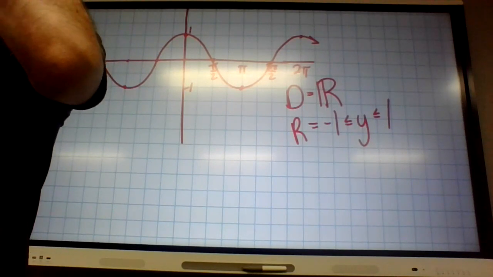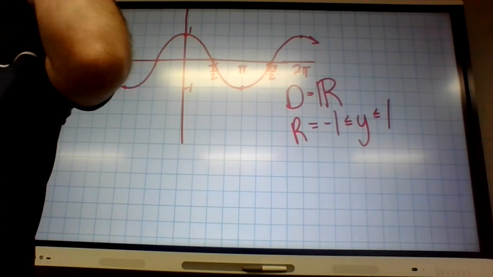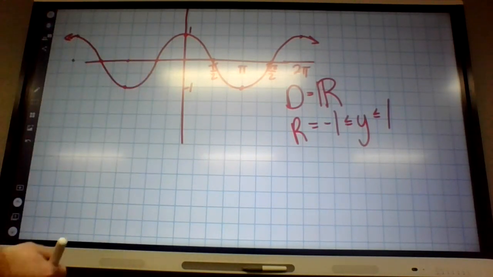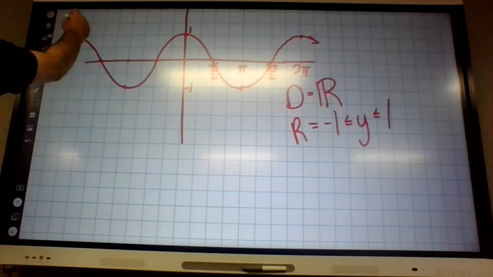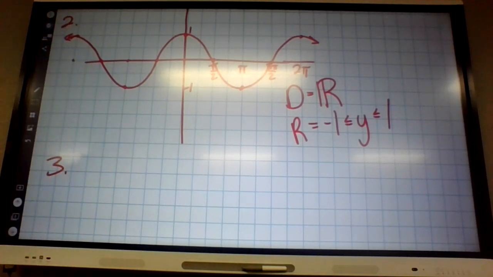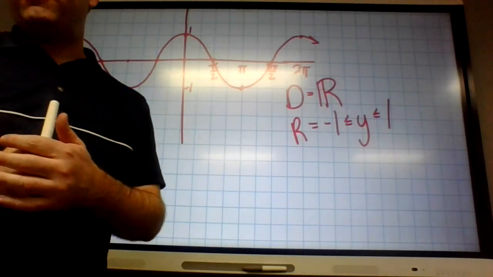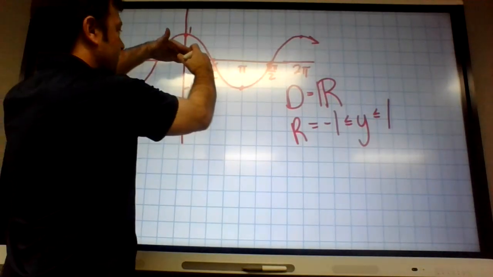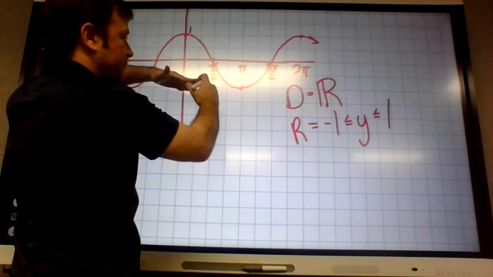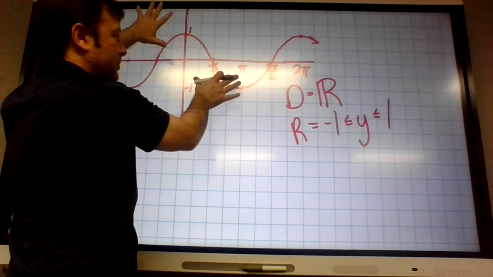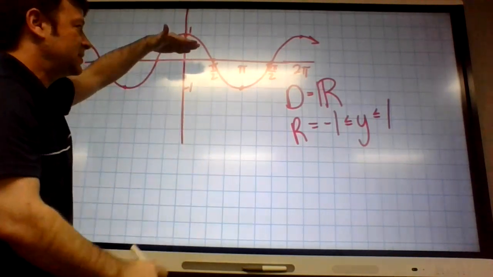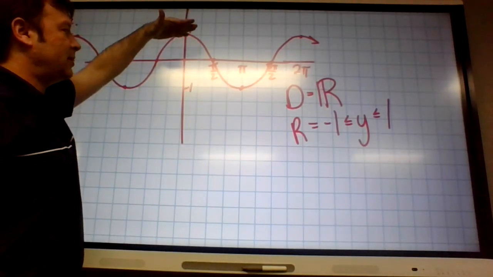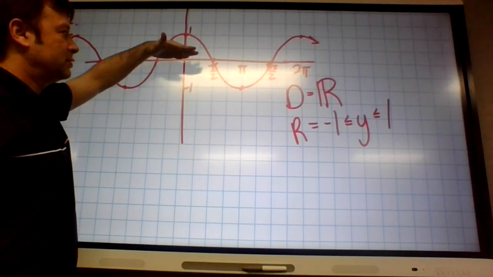Okay, number 3 is not graphing, so you can use your graph paper or not, whatever. Number 3 is find the amplitude. The amplitude means how far the graph goes up or down from the middle. On my cosine and sine functions, how much did the graph go up or down from the middle? 1.